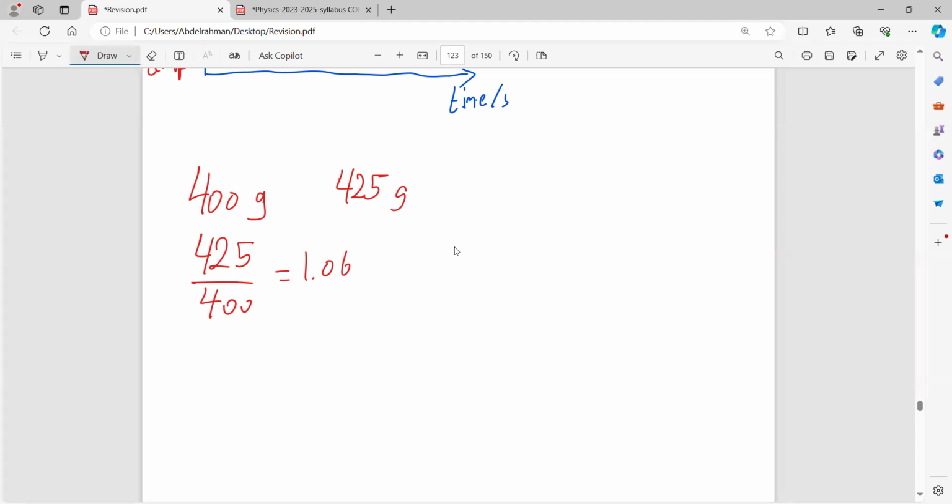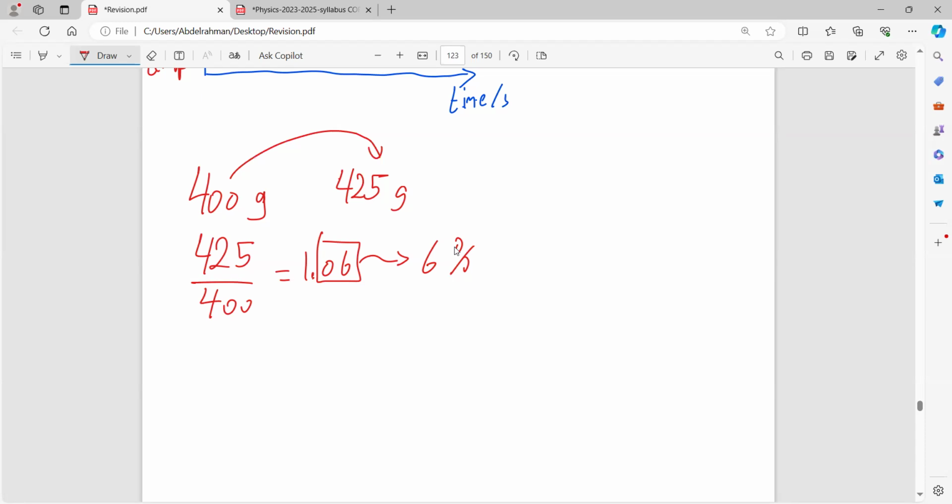What does 0.06 mean? 0.06 is a 6% accuracy, a 6% difference. Is this acceptable? Yes, it is acceptable, even though they are 25 grams apart.